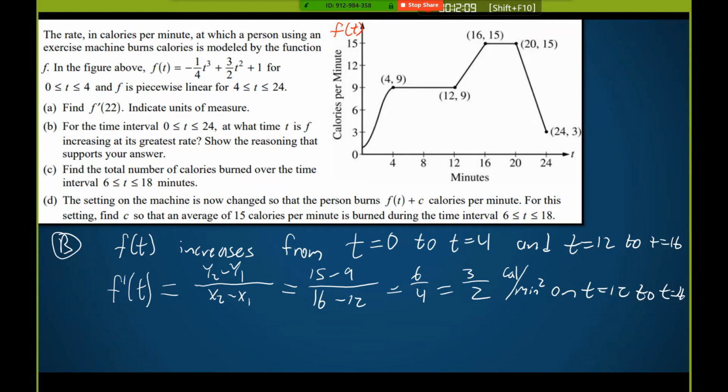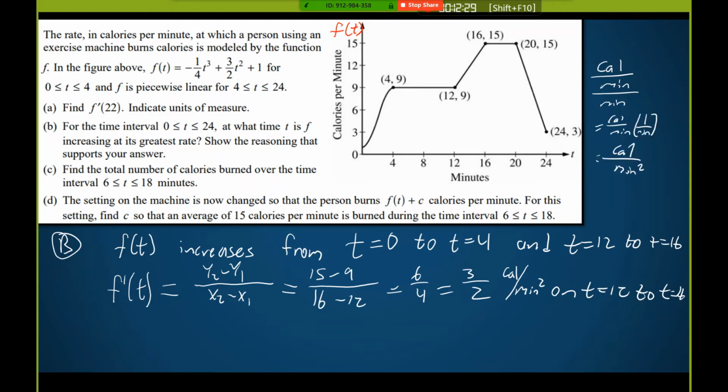If you have calories per minute over minute, that's the same thing as calories per minute times 1 over minute, or calories per minute squared.